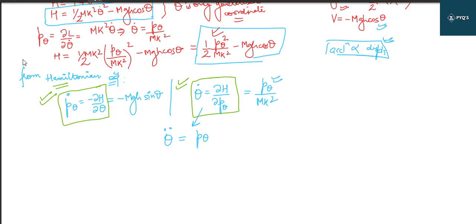I'll get p theta dot upon m k square. Then put this value here. You'll get minus m g h sin theta upon m k square. You can cancel m and m. Finally we'll get minus g h sin theta upon k square.